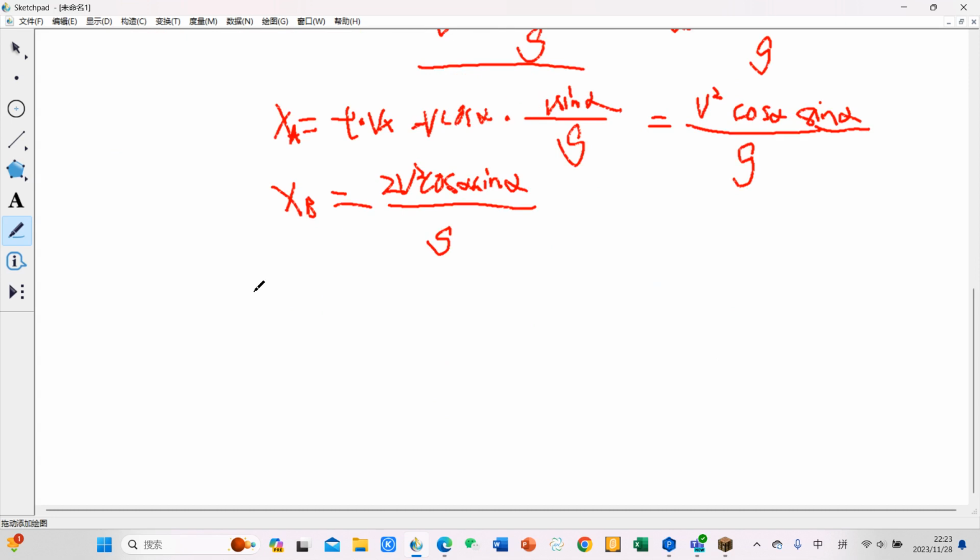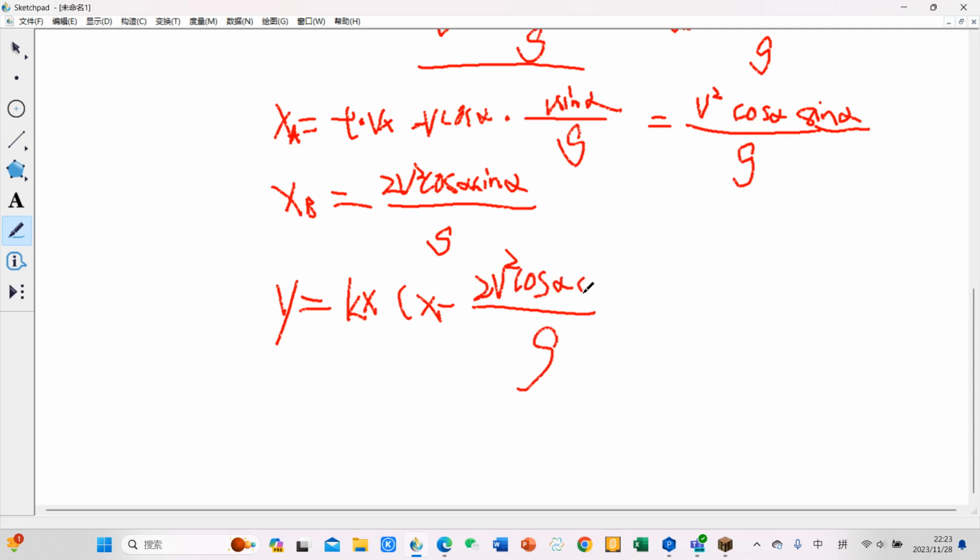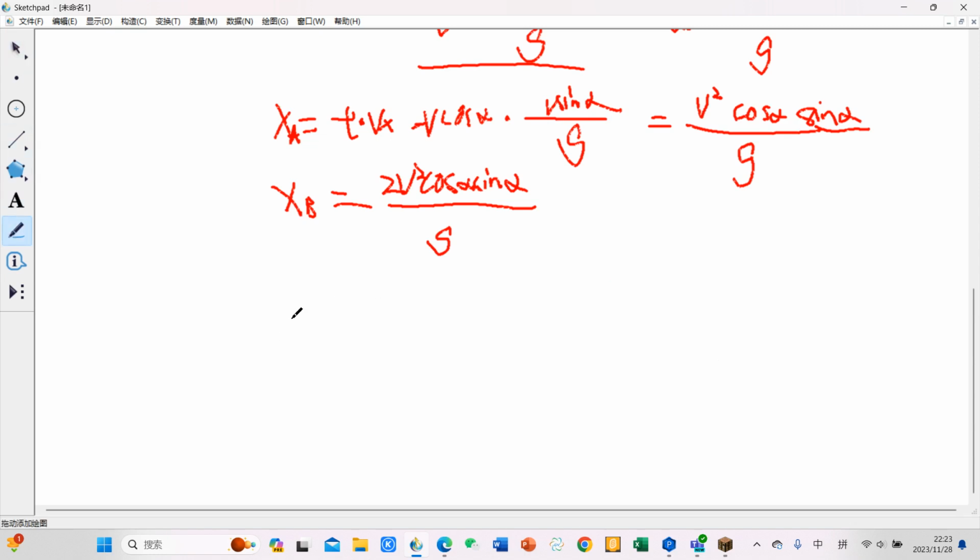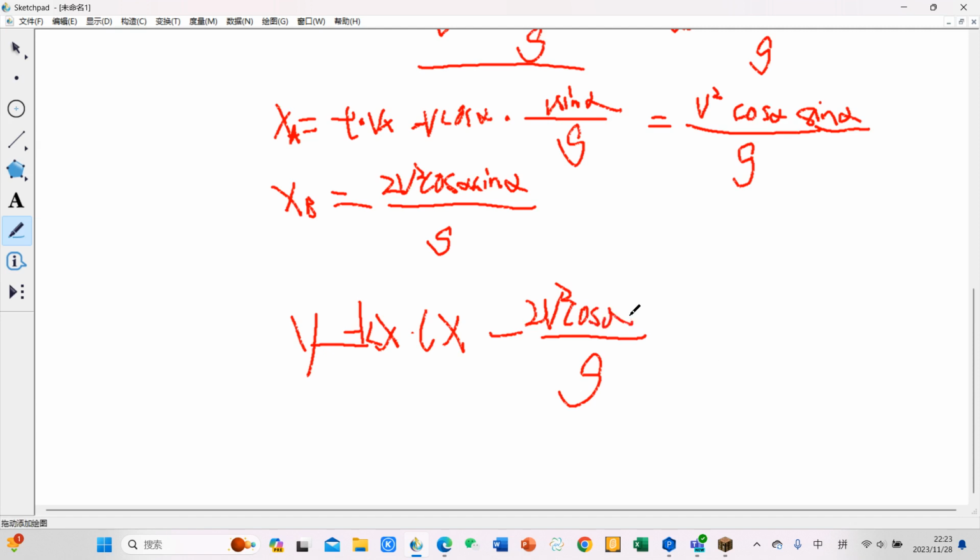So what is k? So y equals kx times (x minus 2 v squared cosine alpha sine alpha over g).